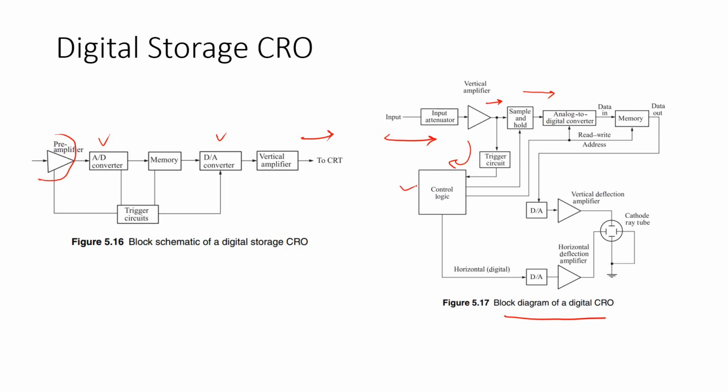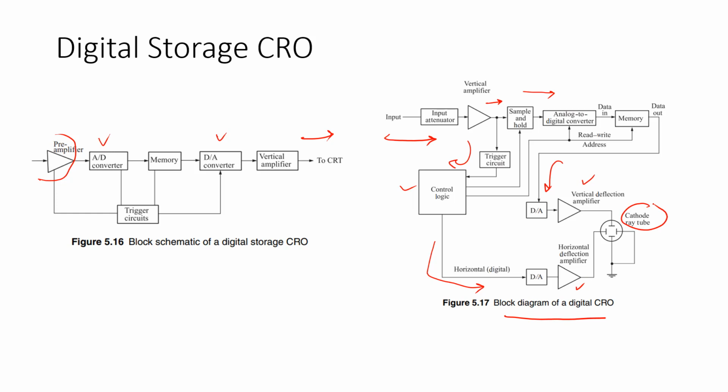And then the data out will come to the digital to analog converter block, and then it will be amplified in the vertical deflection amplifier, and a similar process comes from the control logic, because after the memory, after the vertical amplifier and then the trigger circuit, we have the horizontal from the digital, and then connect to the digital to analog converter, and then we go to the horizontal deflection amplifier, and then we get the display in the CRT here.